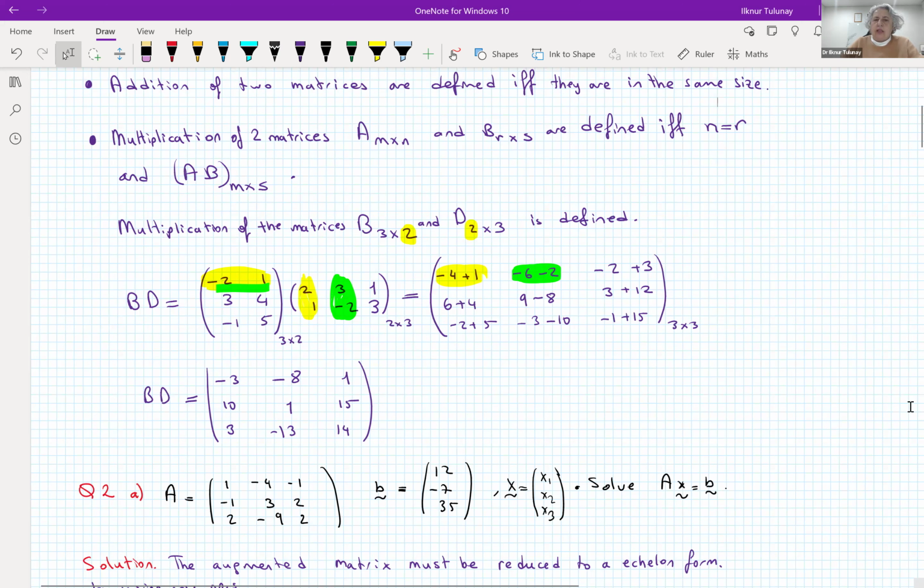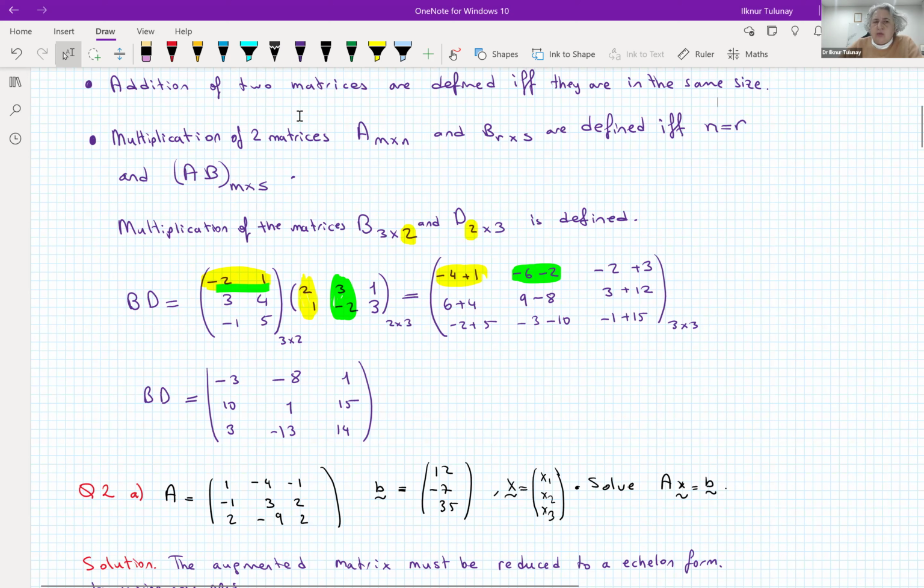These 2 are exactly the same, so it is possible to multiply them. And this 3 and this 3 are relevant. In that sense, the resulting matrix will be the size of this in a row, and the size of this in the column.